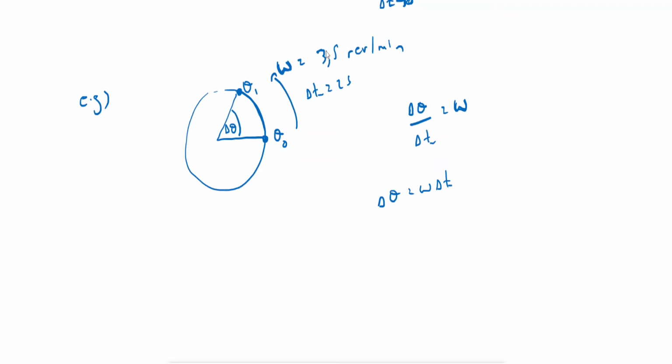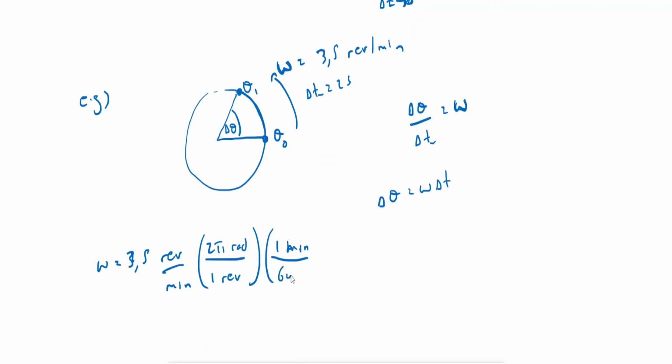So how will I be able to change that? You say omega is 3.5 revolutions per minute, and then 1 revolution is 2 pi radians. Then you change minutes into seconds, where 1 minute is 60 seconds, so it's in radians per second.